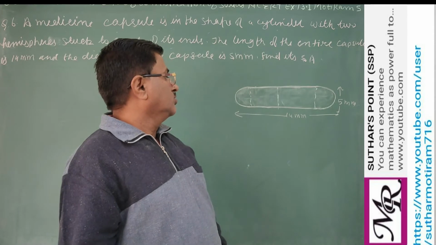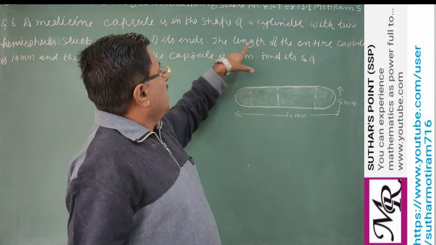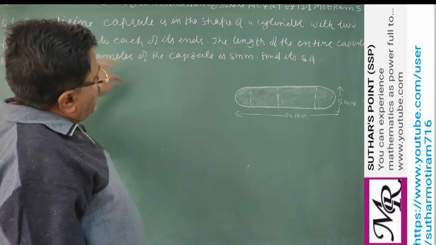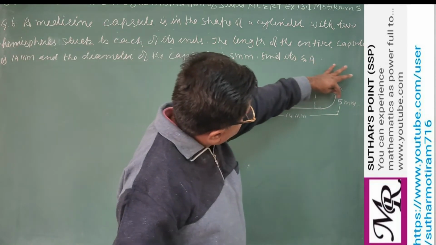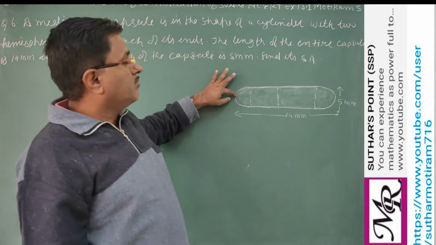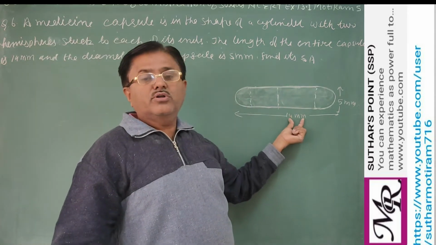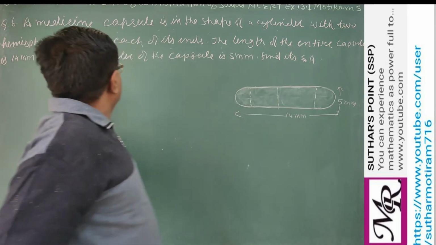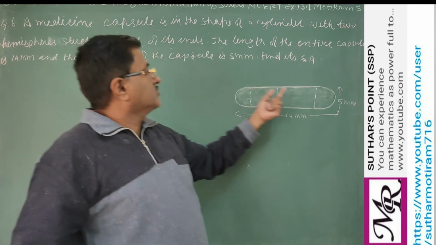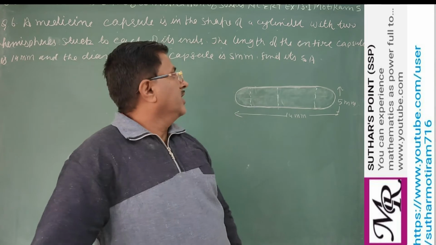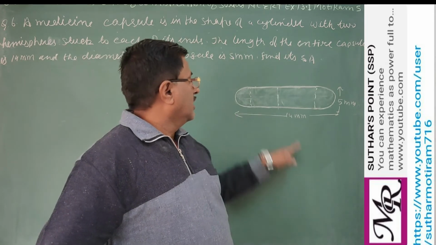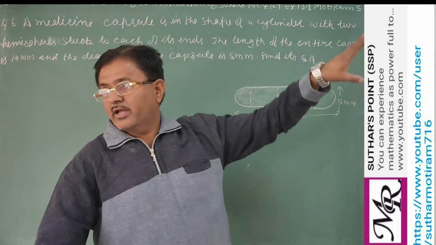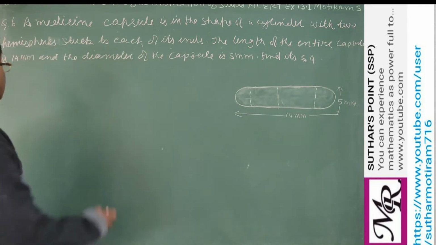There are two hemispheres stuck at both ends. Clear? So the total length of the entire capsule is 14 mm. From this point to this point, the total length of this capsule is given as 14 millimeter, and the diameter of the capsule is 5 mm. Then you have to find the surface area. What is the meaning of surface area? It means the total surface area of the capsule. So first we take the dimensions.